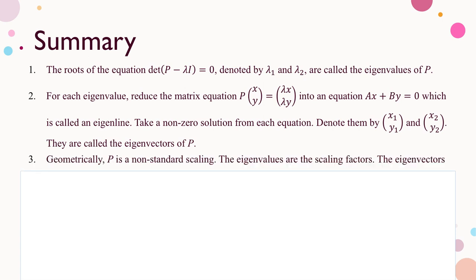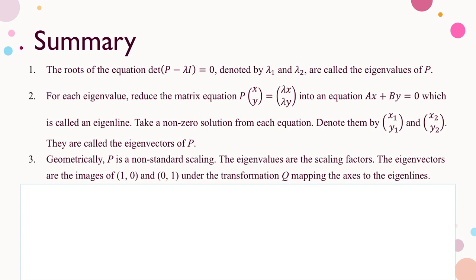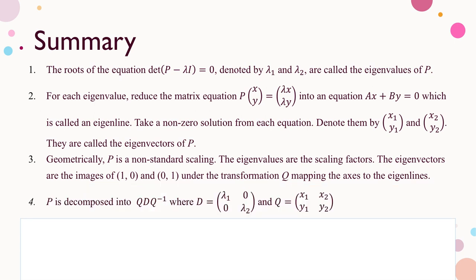3. Geometrically, P is a non-standard scaling. The eigenvalues are the scaling factors. The eigenvectors are the images of 1, 0 and 0, 1 under the transformation Q, mapping the axes to the eigenlines. 4.